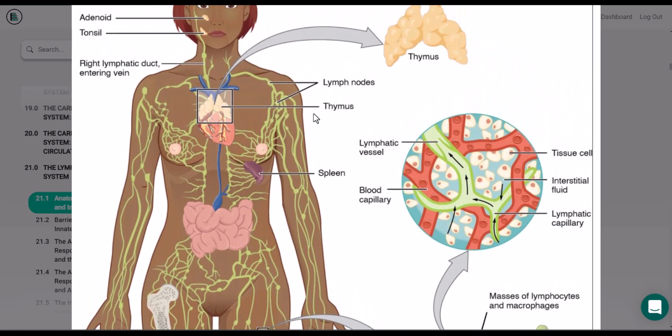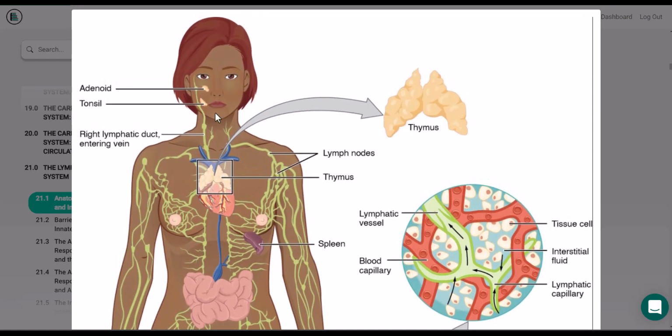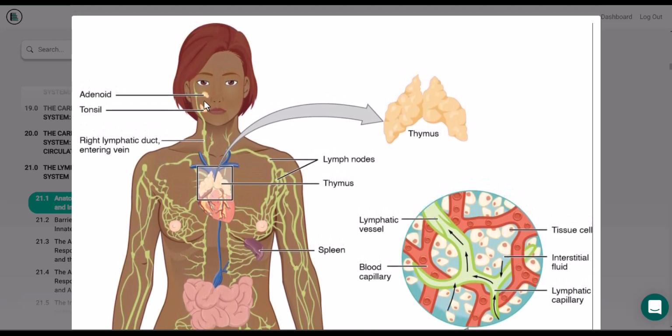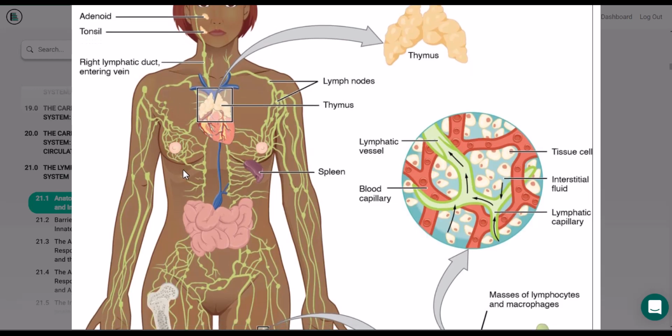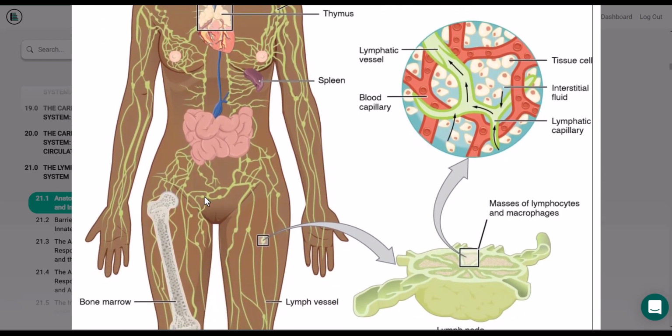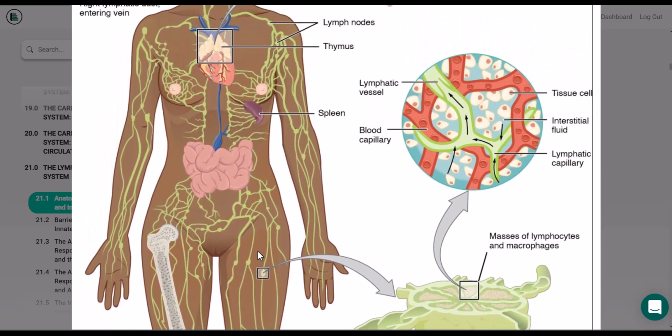There are concentrations of lymph nodes found up in the cervical region. There are concentrations of lymph nodes found in the axillary region. There are significant numbers of lymph nodes also found in the inguinal region. So those are places where there's a higher concentration, but you see them scattered throughout the body.